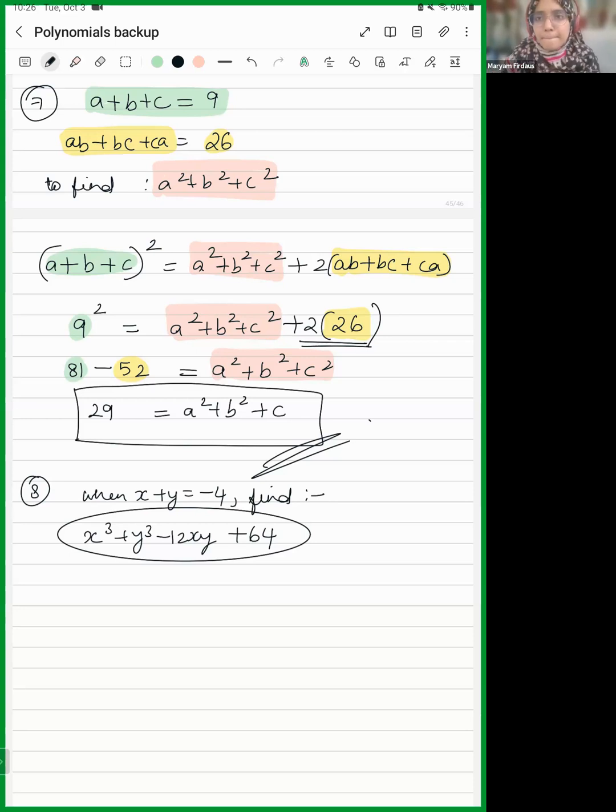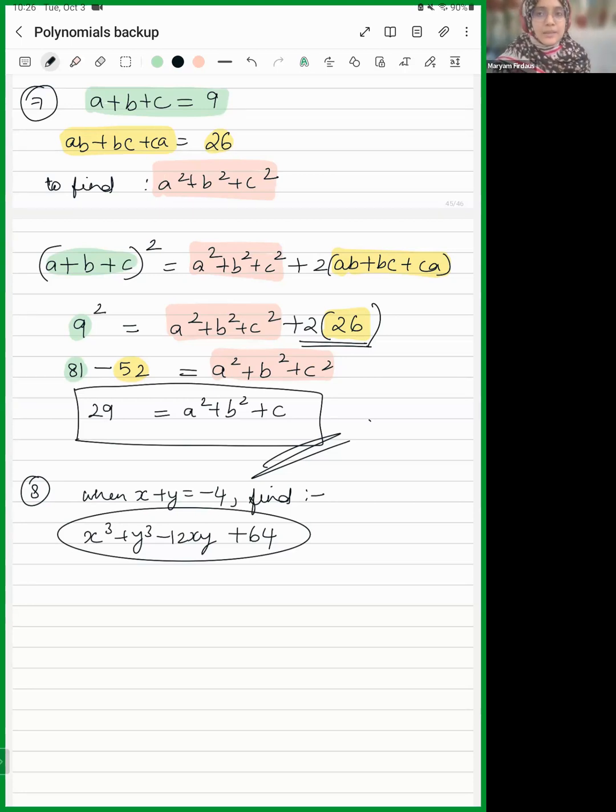Yes. We'll use the x plus y whole cube identity. Should it be plus, or minus? Actually, it should be plus, because in the minus, every single sign becomes minus.